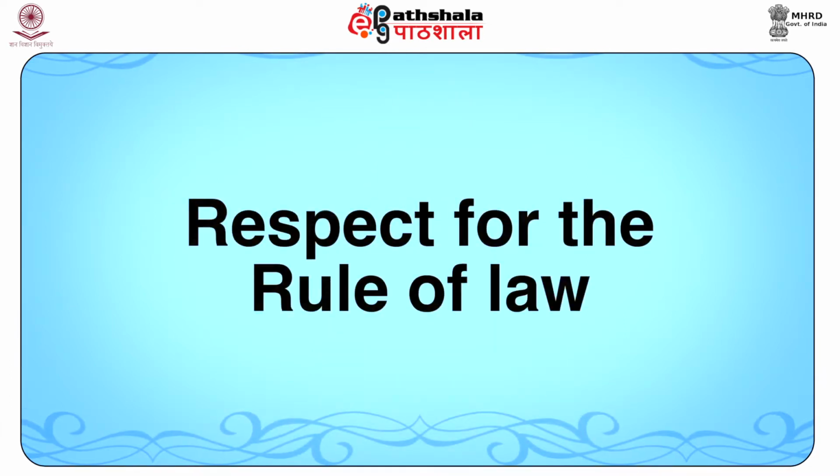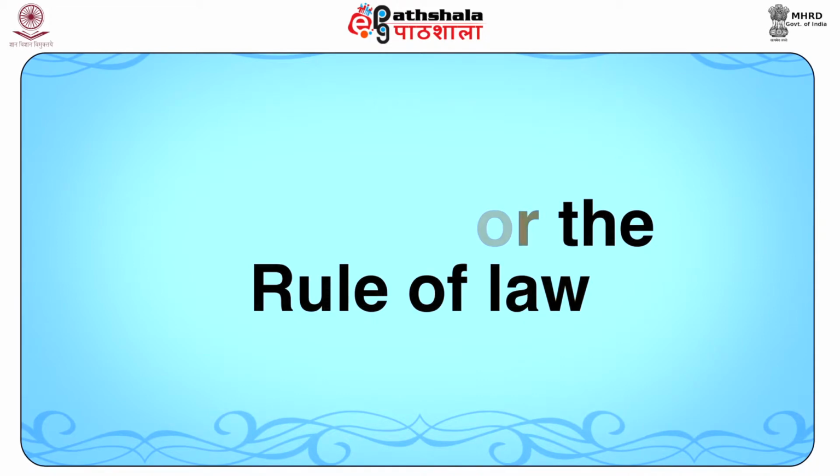Next principle is respect for the rule of law. According to this principle, a business organization should have respect for the rule of law, as law is supreme. It is above the organization and its individuals. The organization should follow all the legal requirements in every jurisdiction where it operates.